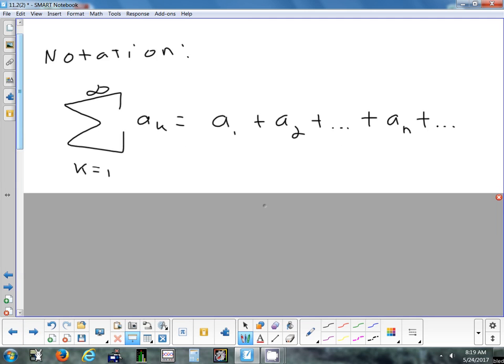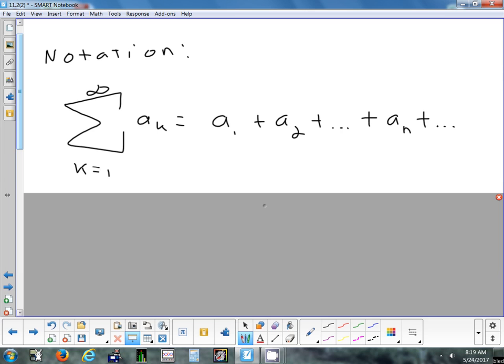So that's the notation to add up infinitely many terms. I have sigma notation on the left, expanded notation on the right. What's different in the sigma notation today? Yeah, you have the infinity symbol on top. And what's different on the right-hand side?